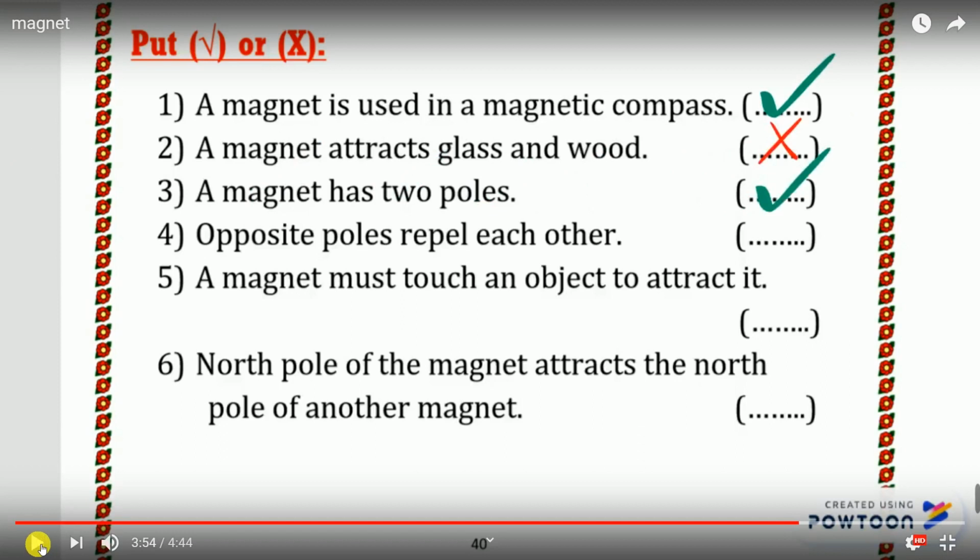No, it's wrong. Opposite poles attract each other. 5. A magnet must touch an object to attract it. No. Last one. The north pole of a magnet attracts the north pole of another magnet. No. N repels N. Like poles repel each other.